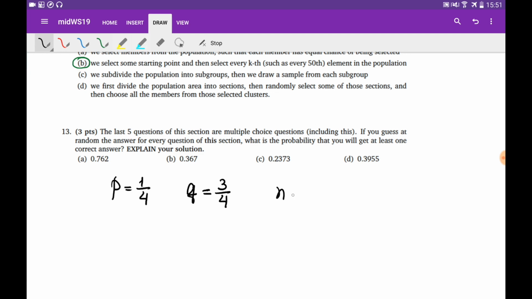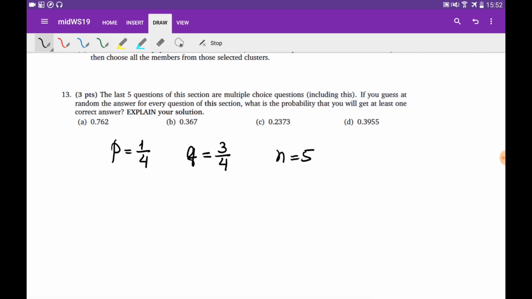In general, I've got 5 questions, n is equal to 5, and I need to find the probability that you're going to answer at least 1 question correctly. Basically, x, which is the number of correctly answered questions, is going to be a random variable which follows the binomial distribution, where the probability of success is 1/4 and the number of trials is 5.